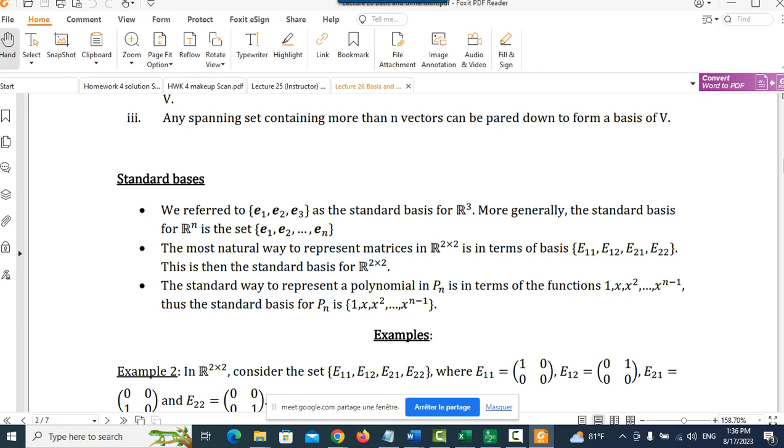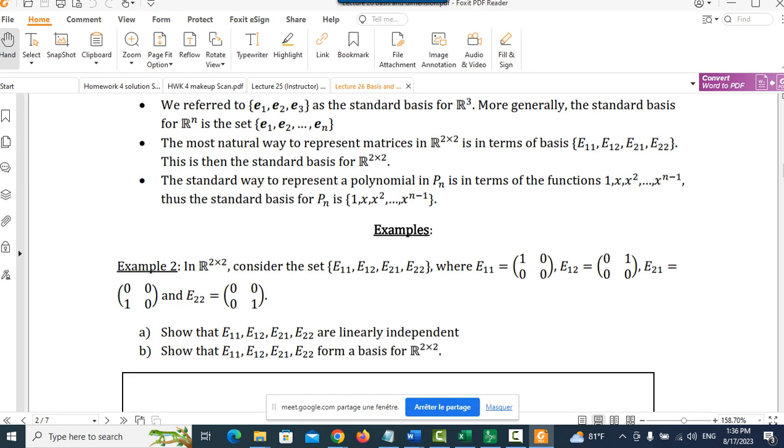Thus the standard basis for Pn is 1, x, x squared, all the way to x to the n. So as you can see, basis is not only restricted to vectors. The concept can be extended to matrices, and also to polynomials.